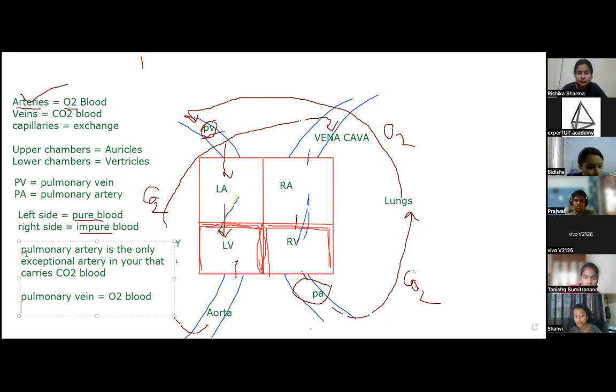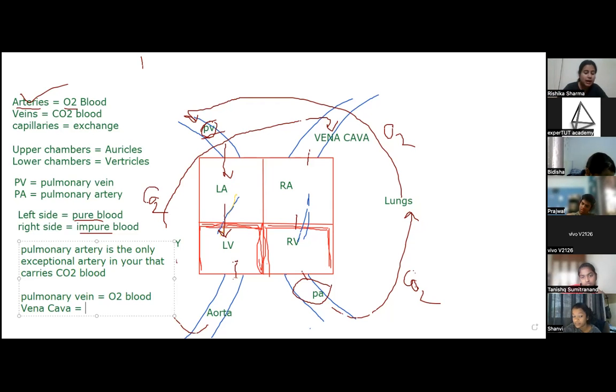Another thing. Vena cava. Vena cava is a vessel in your body, or you can say it is a vein in your body that collects the deoxygenated blood from all the parts of the body and brings it to your heart.